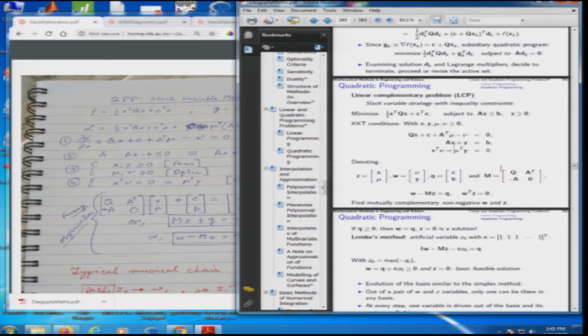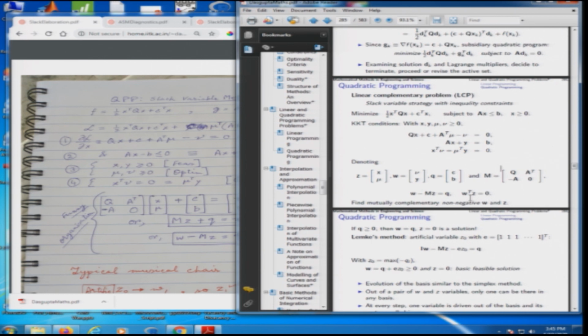So, this set has been organized like this, with this z, this w, this q, this m. And all the complementarity conditions together, x transpose nu and mu transpose y, are appearing as w transpose z.